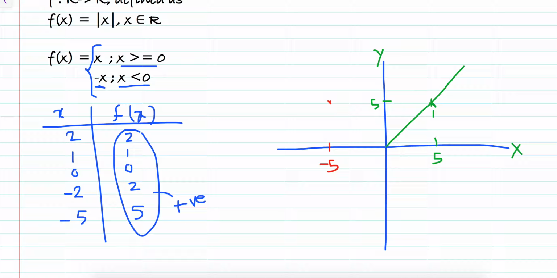So y is plus 5. If it's minus 1, then y is plus 1. Now we will join this. So this is the plot for y is equal to modulus of x.